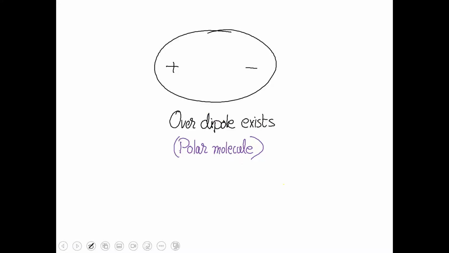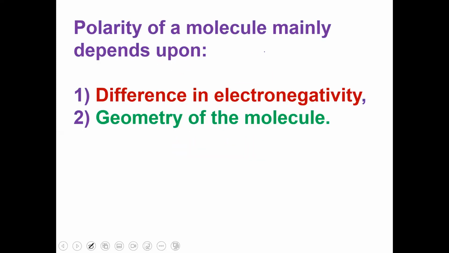Now, this is a polar molecule. One side is positive and one side is negative. Polarity of a molecule depends upon 2 things, electronegativity and the shape. This is our second concept for today. Now you have to copy this.